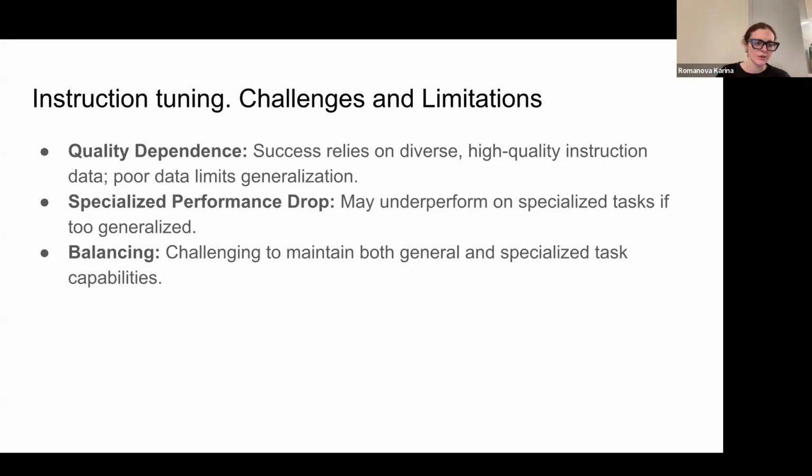So I think that we covered all the topics about large language models advanced techniques. We covered on the previous lesson mixture of experts and PEFT methods. Today we explored merging algorithms and instruction tuning.